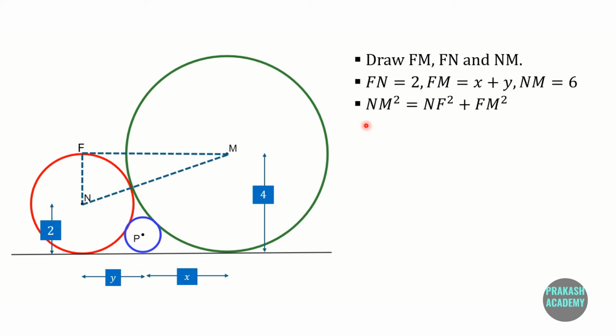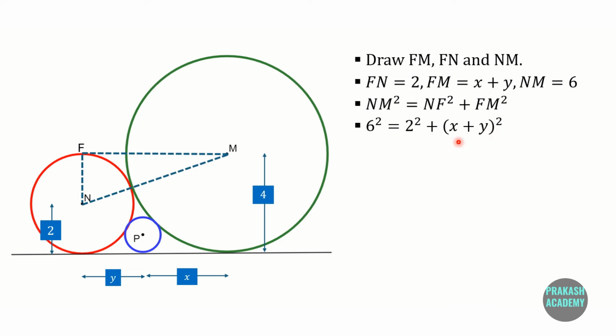N M is 6 unit, so let us plug all these values. N F is 2 unit. So this is 2 square, N F is same as F N. And F M is x plus y, so this is x plus y whole square.